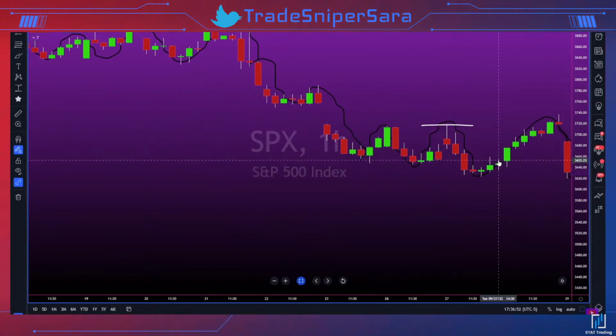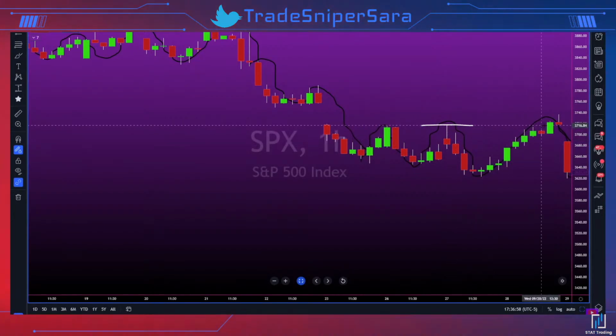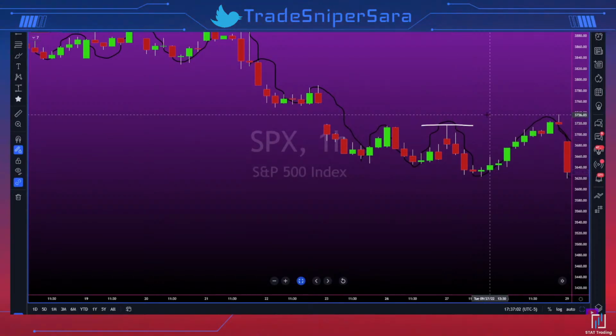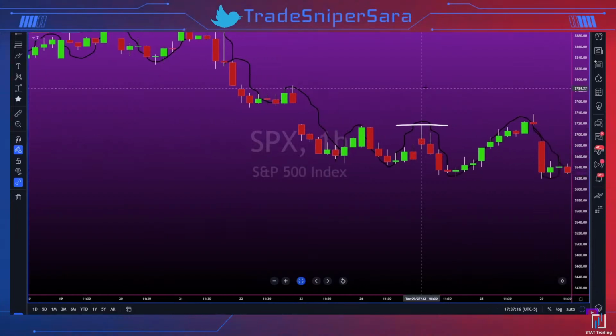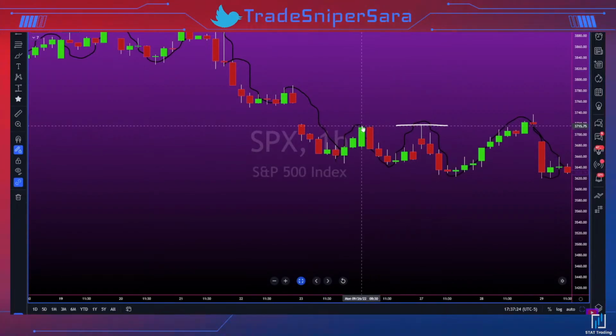We're long from down here, and we exit when we hit our pivot high. So this is the beauty of targets, of knowing when you're at exhaustion, of knowing when and what a reversal looks like. And so that is how broadening formations happen. They happen by targets getting hit and smart money exiting at those targets and not breakout trading.